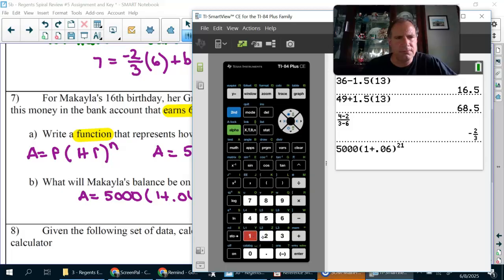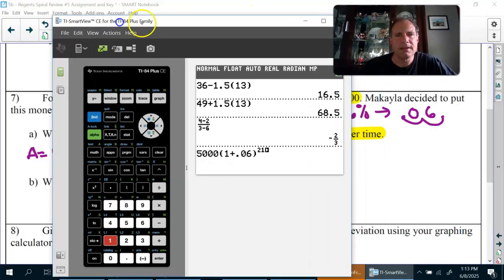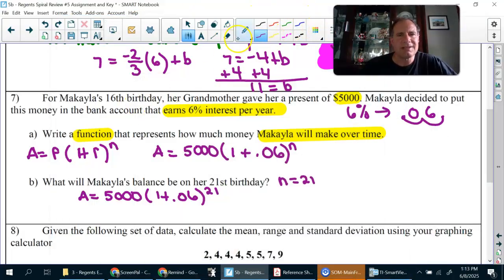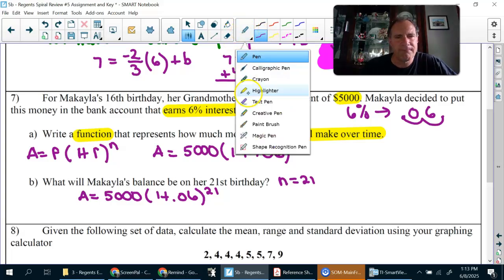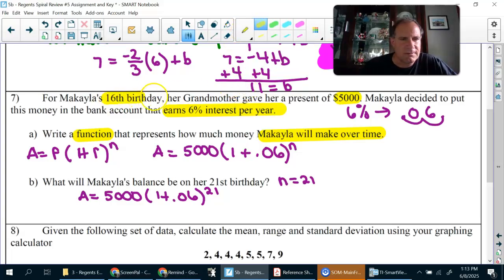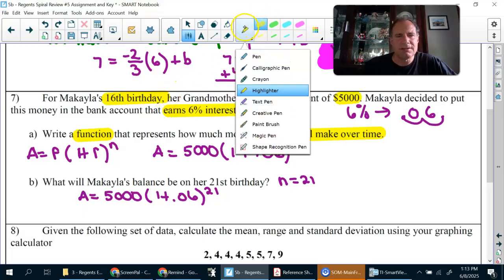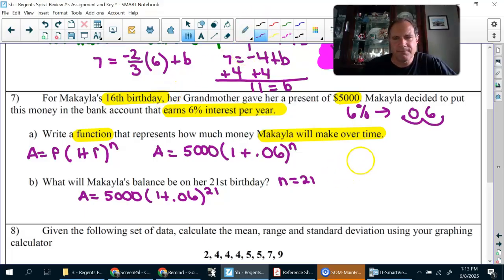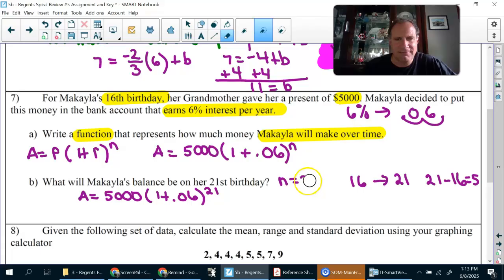Whoa, I messed up there. The 16th birthday, almost messed up. So 16 to 21: 21 minus 16, and that's 5. So N is 5 years.